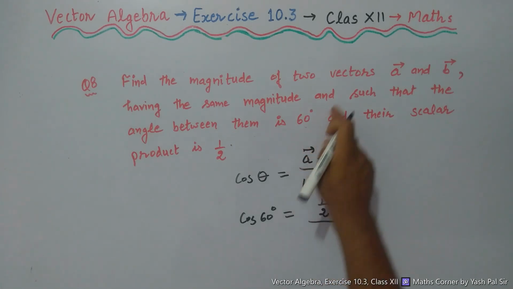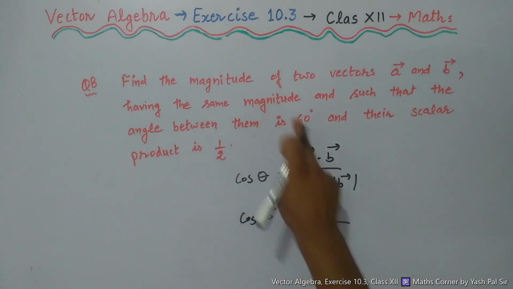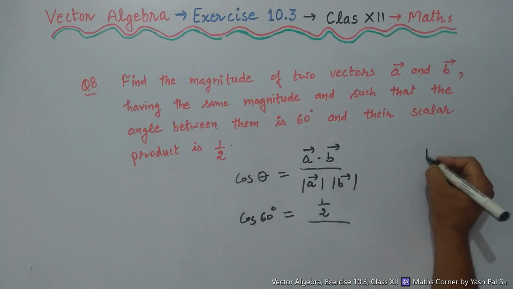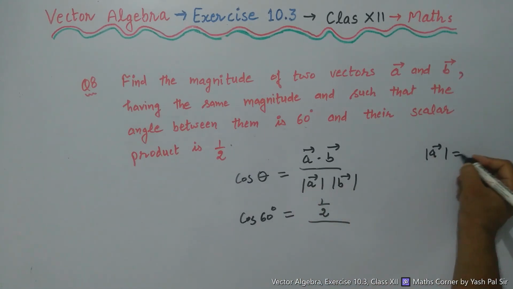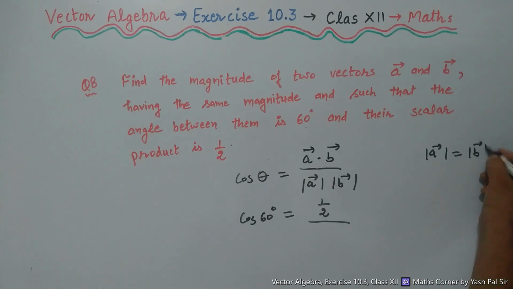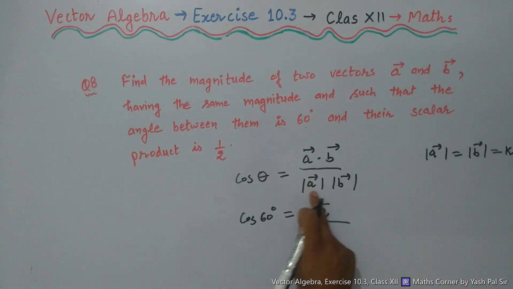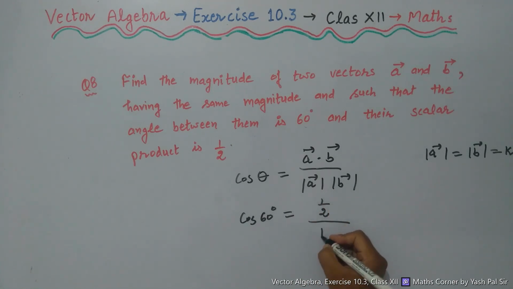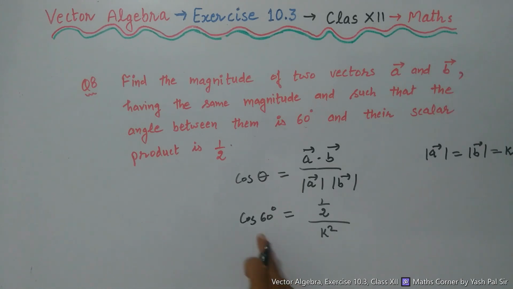One more thing is given, that same magnitude, that is magnitude of vector A is equal to magnitude of vector B. Suppose both are equal to k. So we write k into k, which becomes k square, right? Now what is cos 60 degree? The value of cos 60 degree is 1 upon 2, equal to 1 upon 2 k square. 1 upon 2 cancelled.